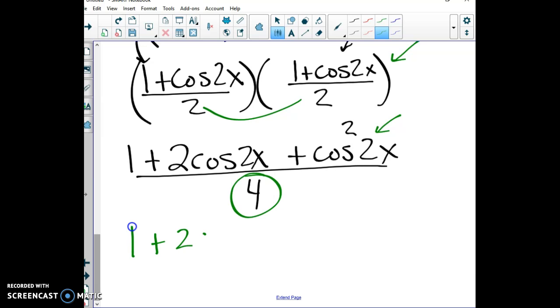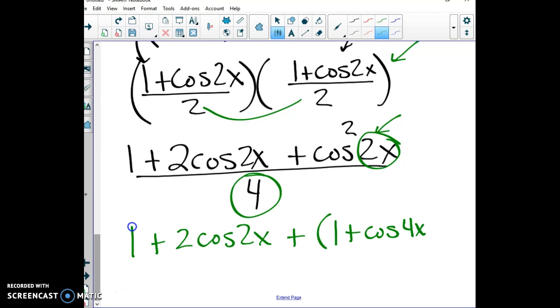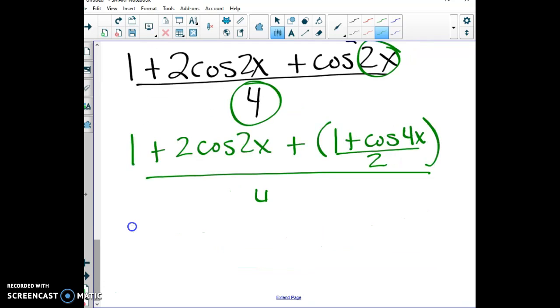We have 1 plus 2 cosine 2x, and rewriting cosine squared. Again, keep in mind we have a double angle here already, and we're going to double it again because of the power reducing formula. We have 1 plus cosine 4x, and that's all divided by 2, and all of that is divided by 4.